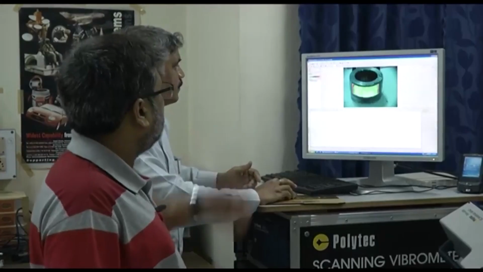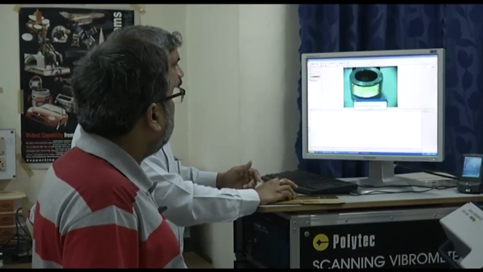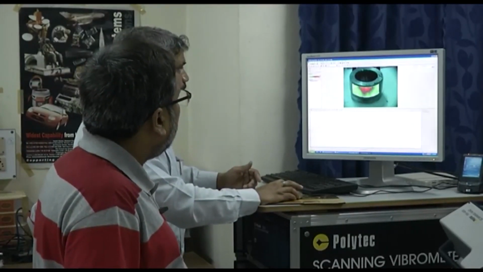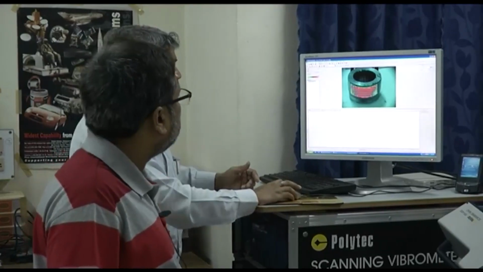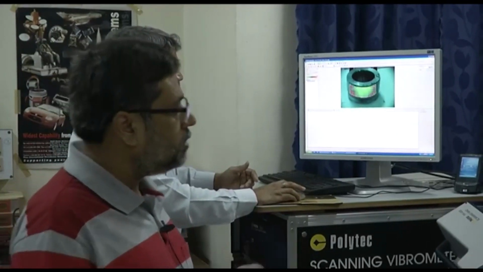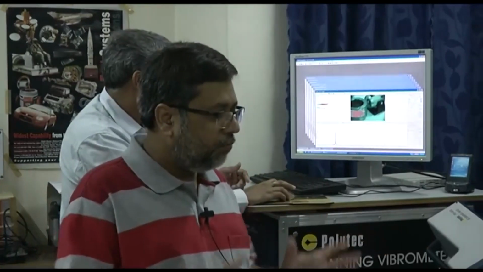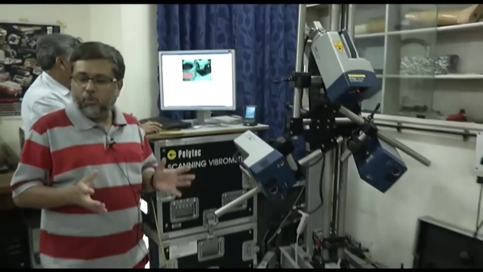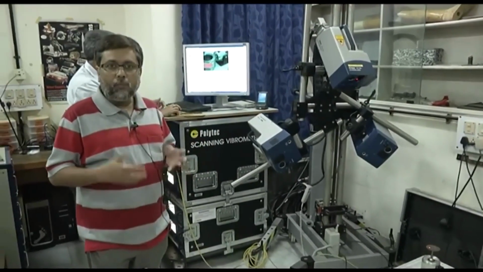You can see here how, on a surface part of it, the vibration pattern and the modal frequencies are coming out of the system. So you can use this system for developing various mode shapes of various types of complex geometries as well.